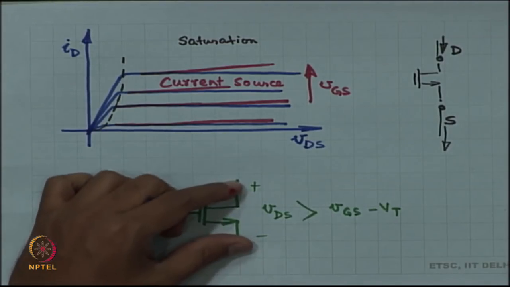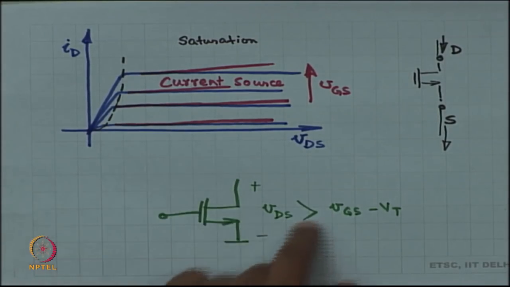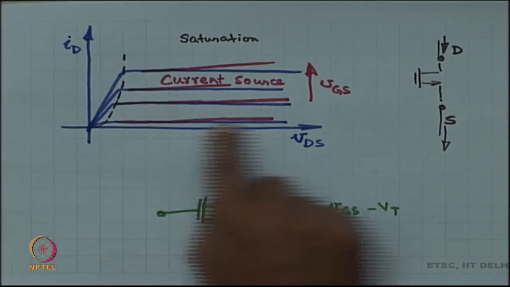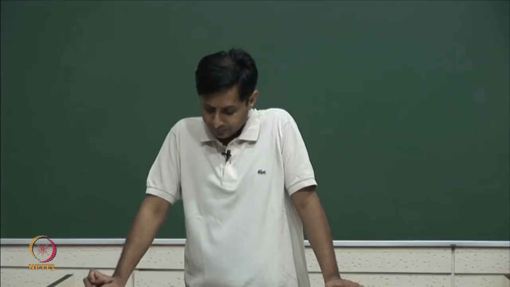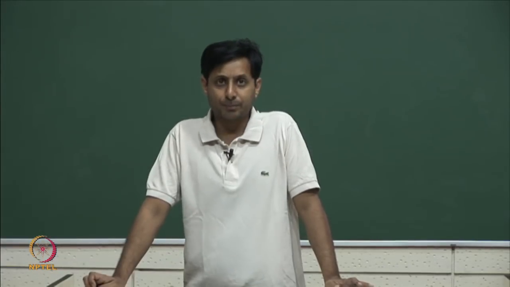One restriction is the voltage, it has to have some minimum, and the second, a bigger problem, is the slope on this line, and this slope is not really, sometimes your boss might say that give me a better current source, this current source is no good. Okay. Can you design a better current source?